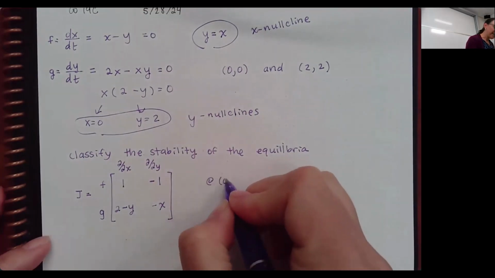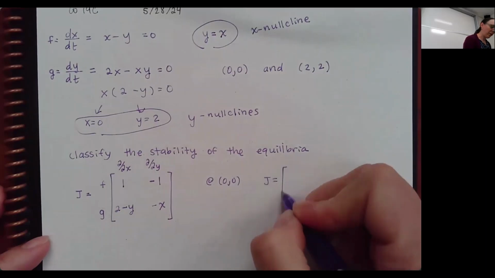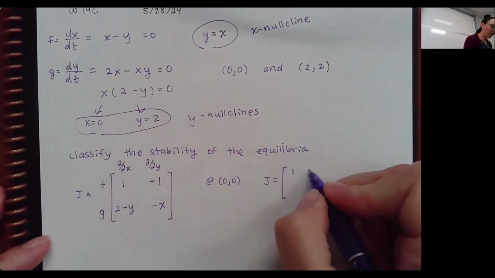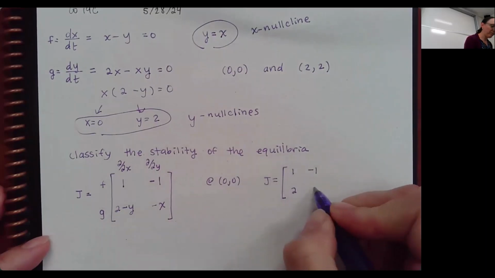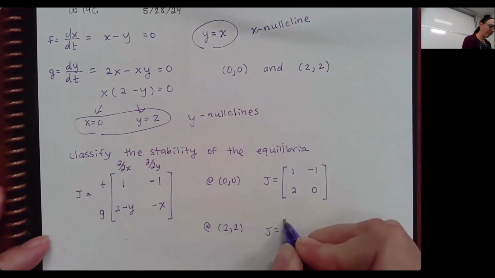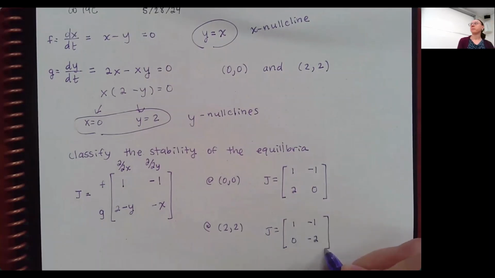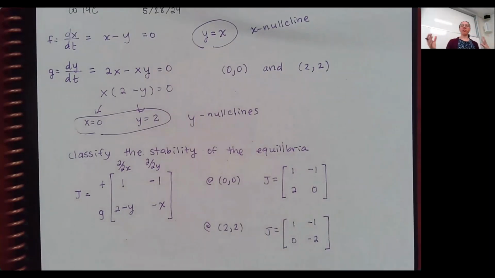So at 0, 0, our Jacobian matrix becomes 1, -1, 2, 0. And at 2, 2, our Jacobian matrix becomes 1, -1, 0, -2, as I'm plugging the x and y values into that matrix.